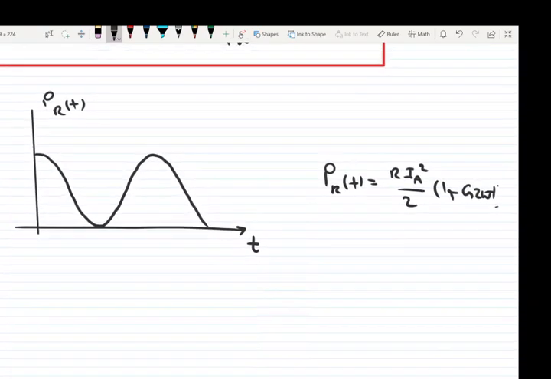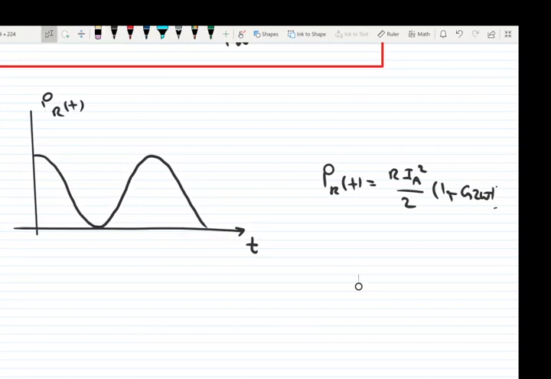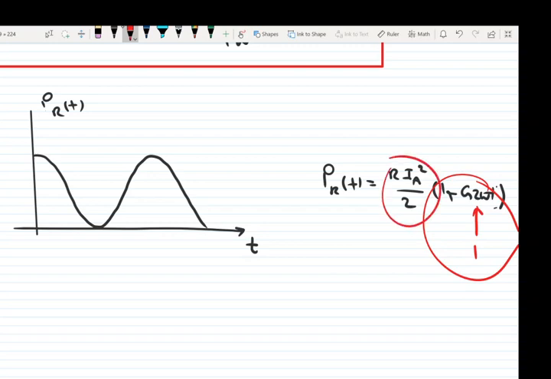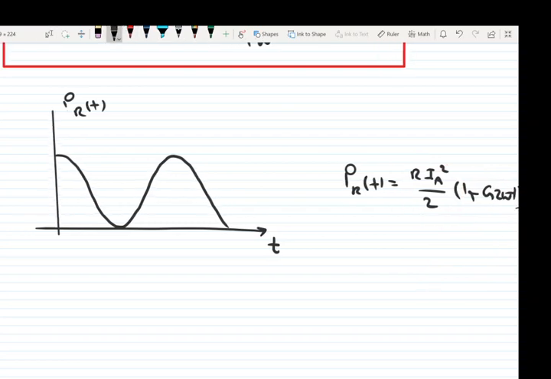The maximum of this graph, of course, is when cosine of 2 omega t is maximized, which is 1. 1 plus 1 is 2, and 2 times R Ia square over 2 results in R Ia square. So the maximum value for the power is R Ia square.